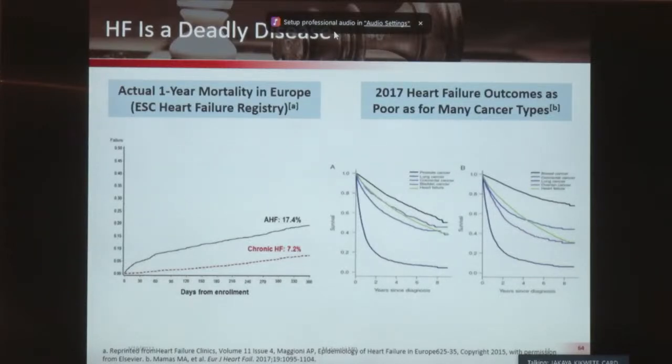They took the major cancers in the world, from prostate, lung cancer, cervical cancer, and heart failure. It shocked everyone. If you have a diagnosis of heart failure and you have a diagnosis of breast or lung, the one with heart failure is the one who is going to die first.